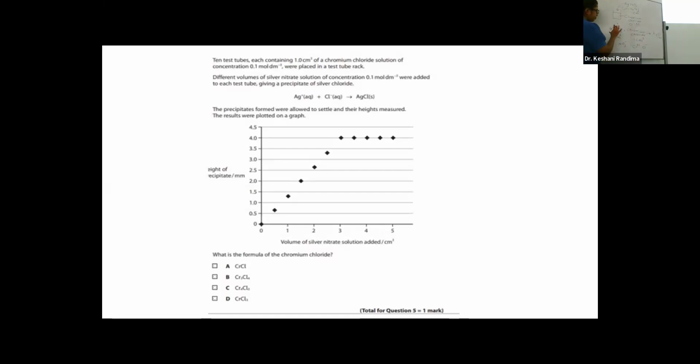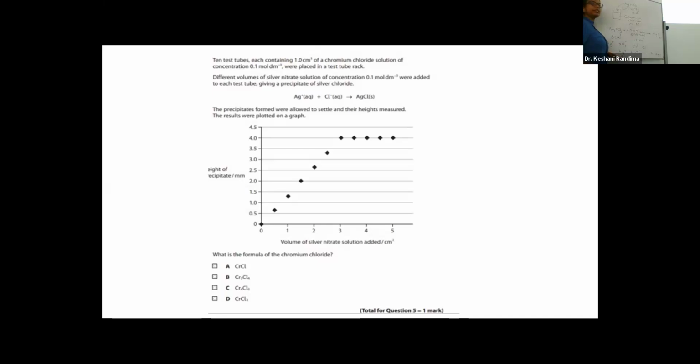So from this reaction, Ag+ starts to react with Cl-. From the volume ratio, it is 3:1, right? 3 silver ions are reacting with 1 chloride. So you know that it is giving AgCl.